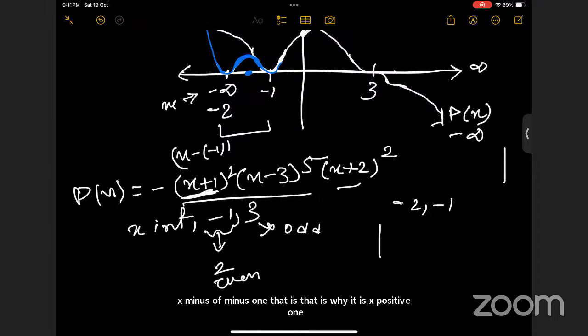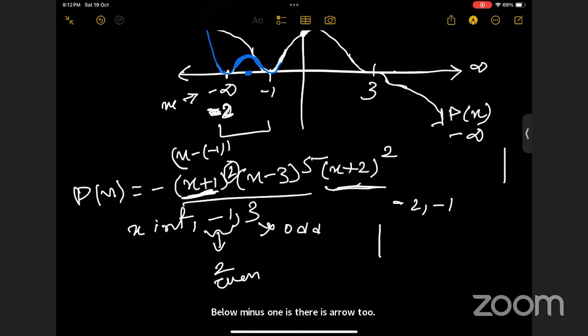Is that your doubt? My doubt is that 2, which is even. How do we get that? No, ma'am, that's the square. Below x-intercept -1, comma 3, there is a 2.